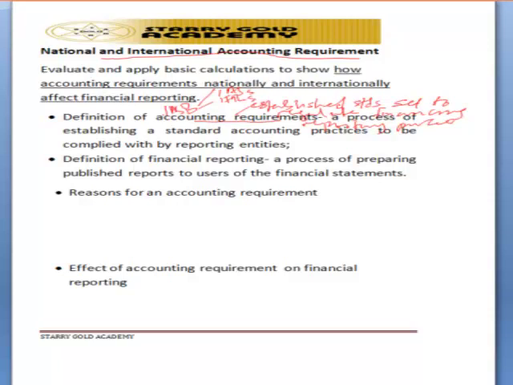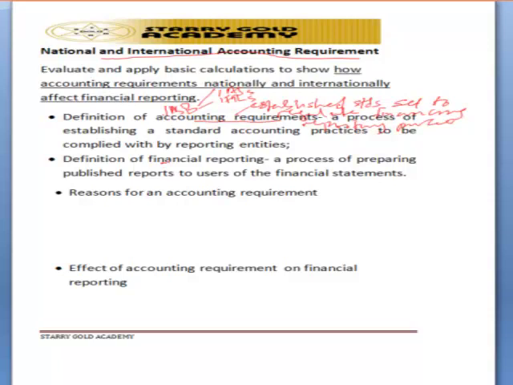I'm going to be talking about these two global sets of standards because Nigeria as an economy has adopted IFRS, which became effective on 1st January 2012 for all quoted companies in Nigeria. We'll also be looking at the roadmap for the application both for quoted and unquoted companies in our later discussion. Now that is about what an accounting requirement means.